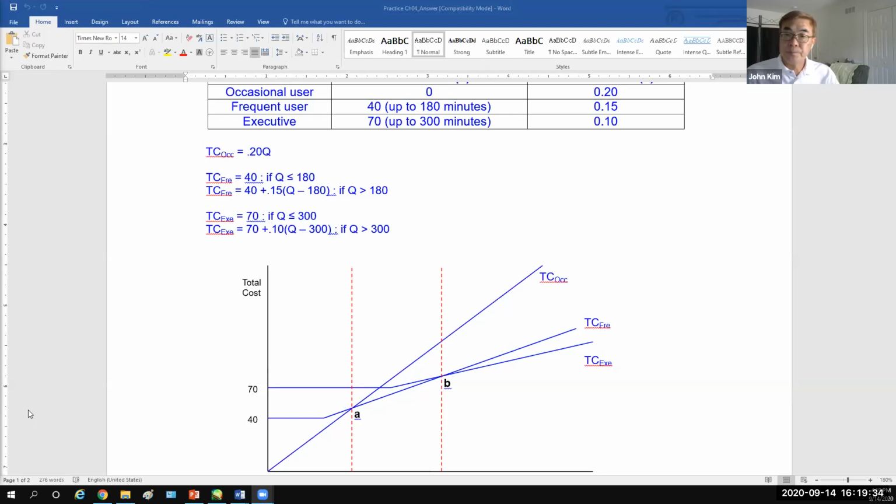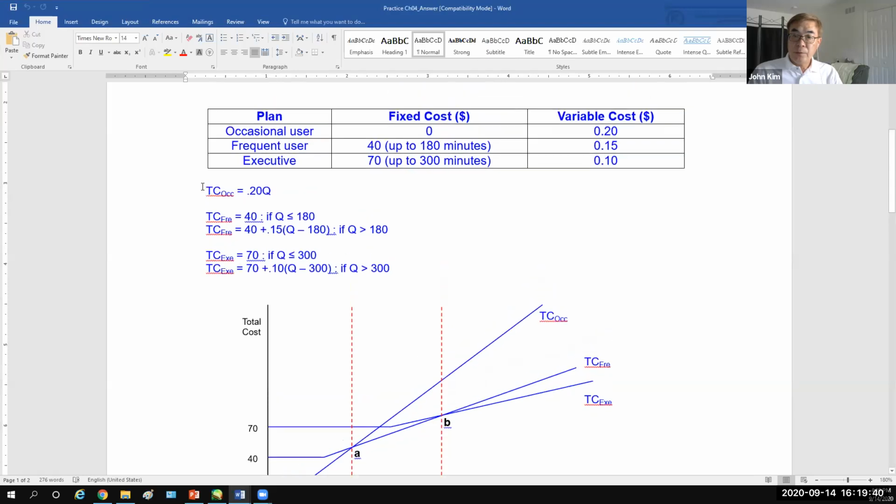Okay. Three, actually five, but then for each one, three equations like this.